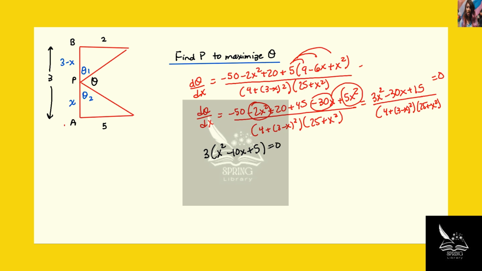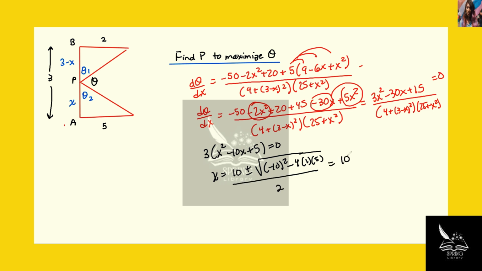It'd be nice if we could factor, but I'm not seeing a nice factoring. So we're going to use the quadratic formula to get our x. This was a lot of work for this one. Let's do it. x then is minus b, so 10, plus or minus the square root of b squared minus 4 times a times c, all over twice a.